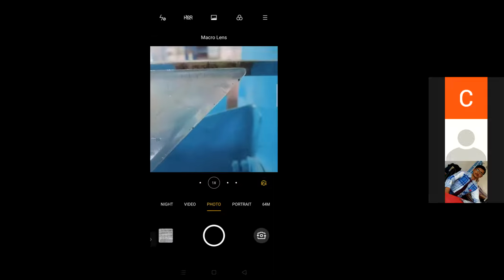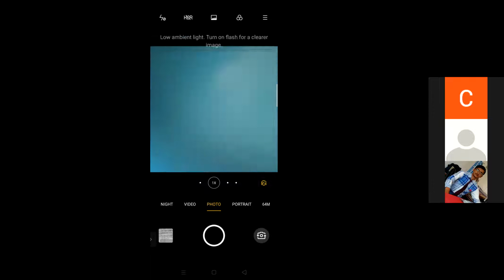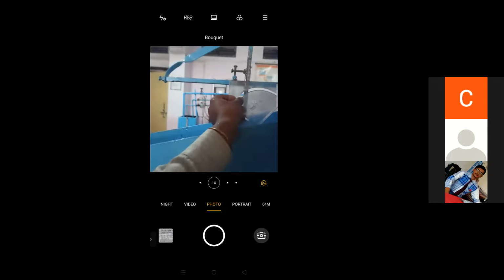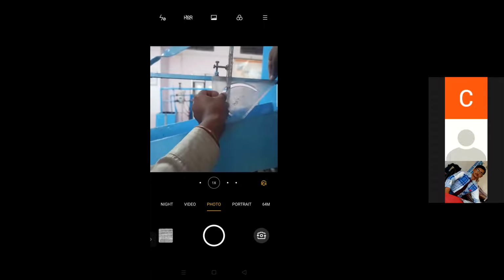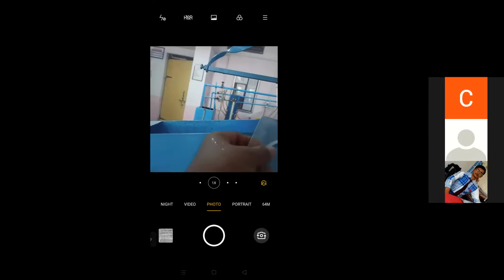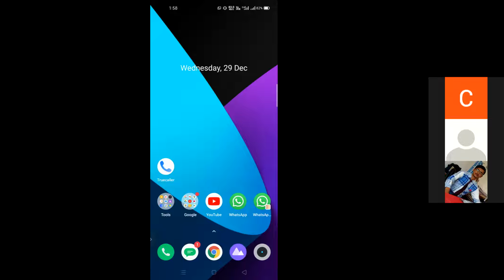Let me count it because the numbers are not visible on the scale. 1, 2, 3, 4, 5, 6, 7, 8, 9, 10, 11, 12, 13, 14, 15, 16. 16.5 centimeter.